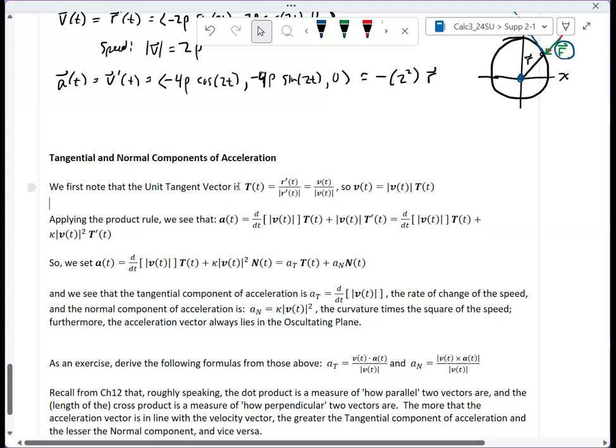So again, recall the unit tangent vector, and we can rearrange the relationship of the unit tangent vector to the velocity vector to see that velocity is the length of velocity times the unit tangent vector.